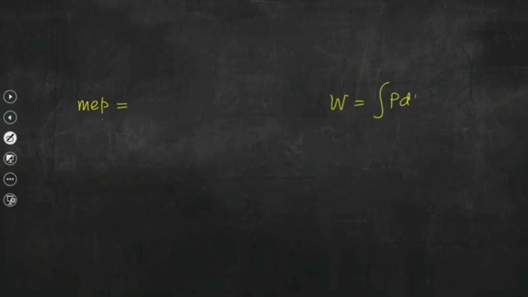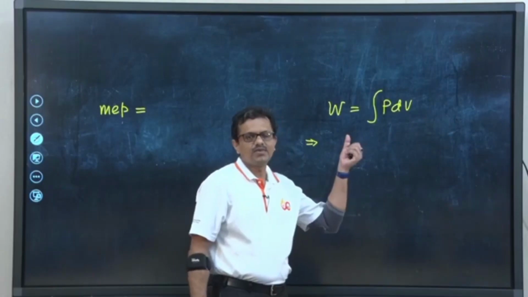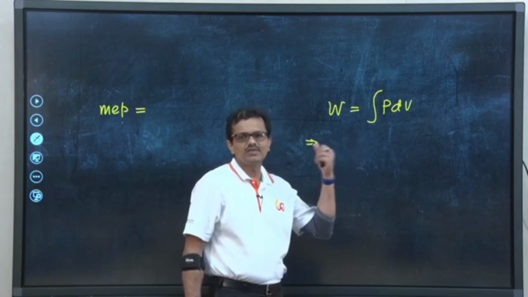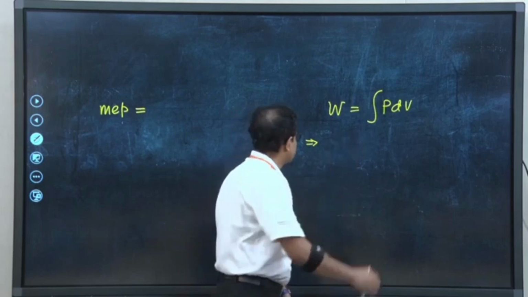integral P dV, and for the multi-cylinder engine, as we had also discussed, very often engines are multi-cylinder. So, it is always convenient to write the expression per unit mass of the gas in the combustion chamber.